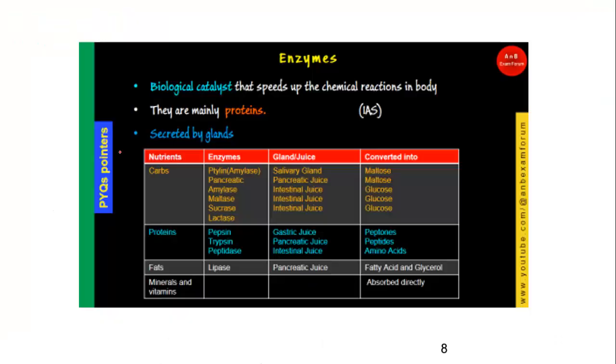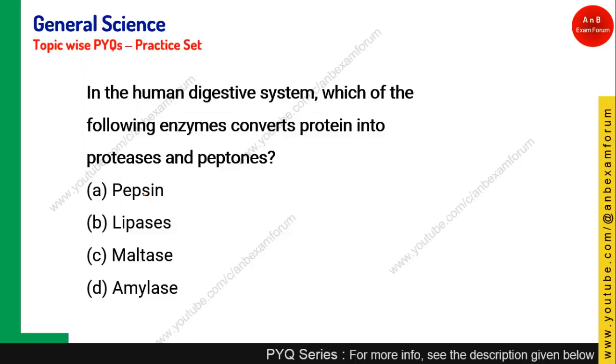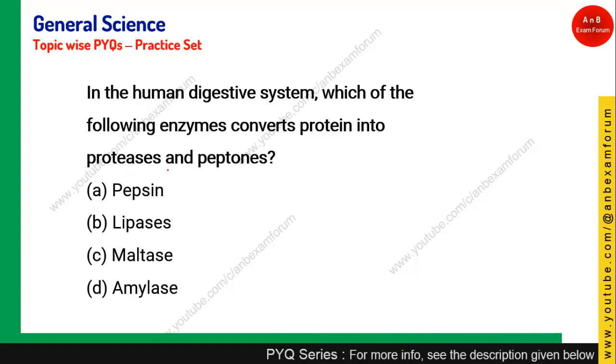We have already seen this table. The question says, in the human digestive system, which of the following enzymes converts protein into proteoses and peptones? Let's see one by one.